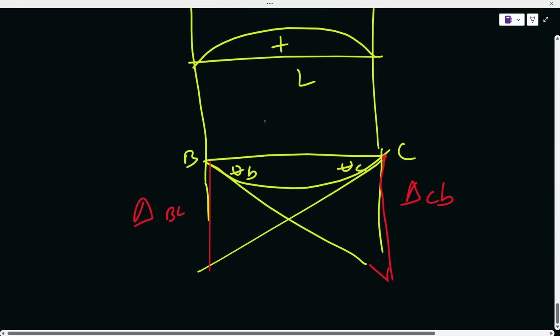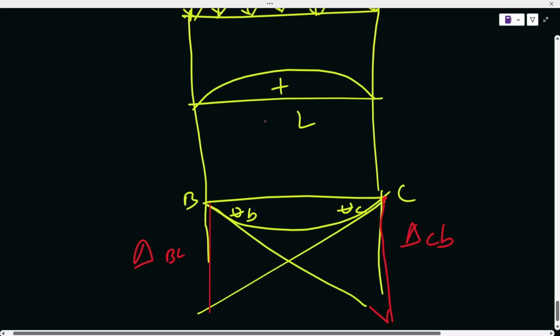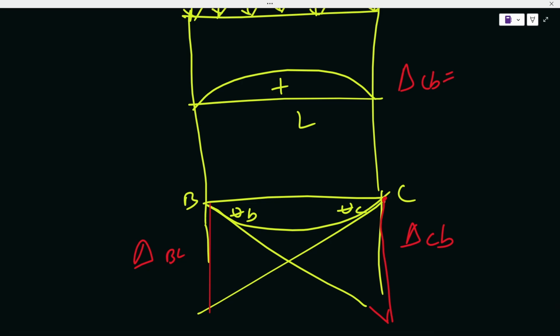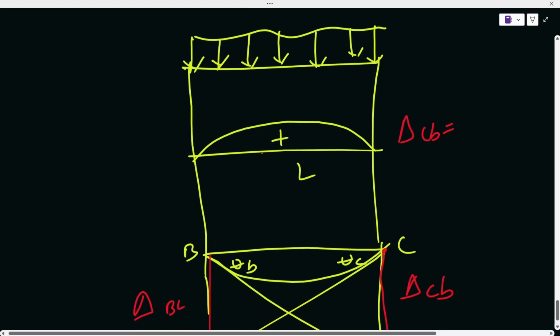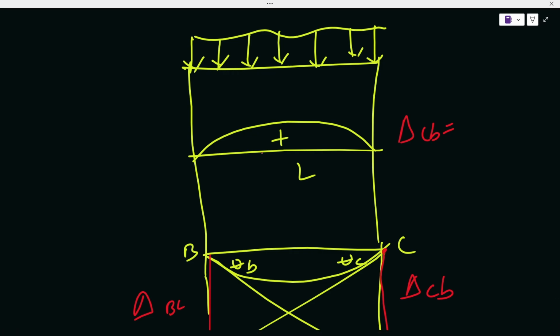Now, for this delta CB, we're deriving a formula. So if I just give you the area for this, what if the external load, maybe a UDL for instance, didn't come out that way? What if it came out in another form, like a normal point load?